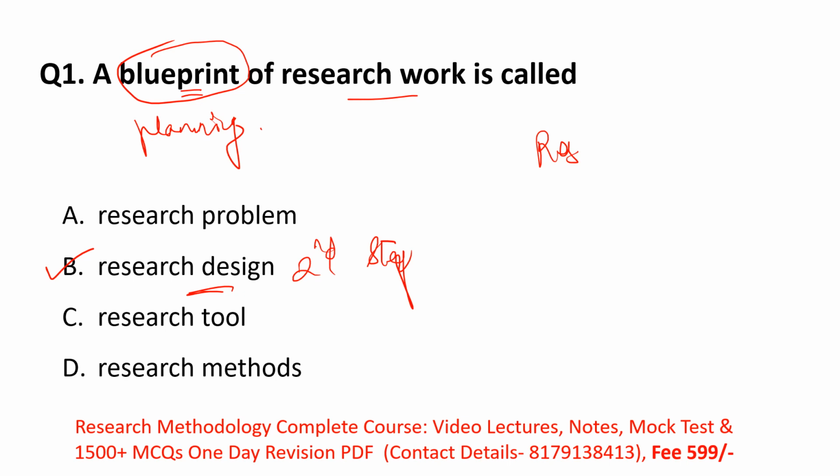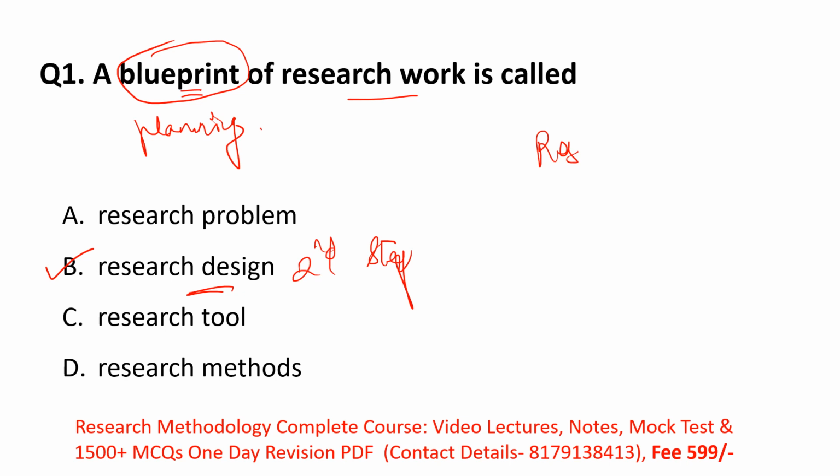All that they are going to perform in their research is planned. Whatever you are going to do in your research, you plan before, and according to your plan you perform your research.